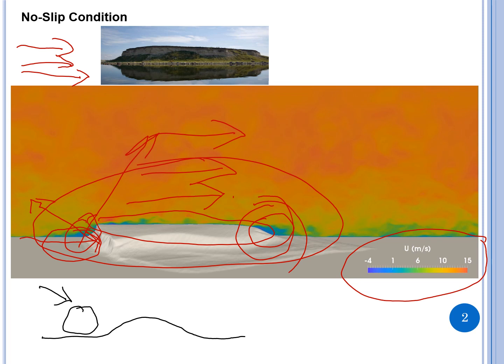When it approaches the speed bump at a high speed, it reaches the top and then stays above. It loses contact with the surface, so no contact here. On the other hand, if the same car approaches at a low speed, then the wheel always stays in contact with the surface.